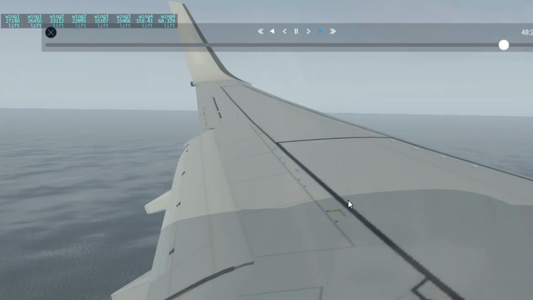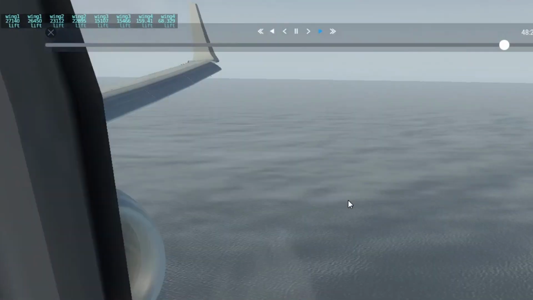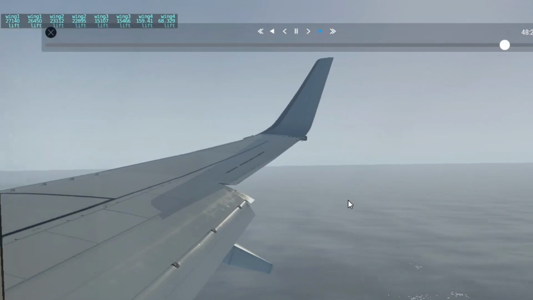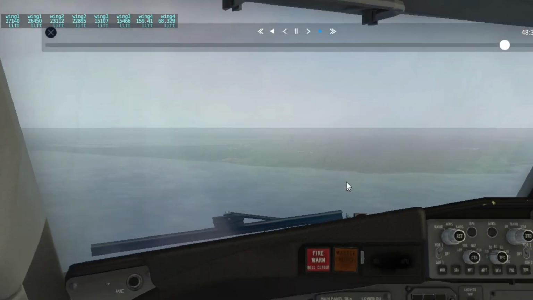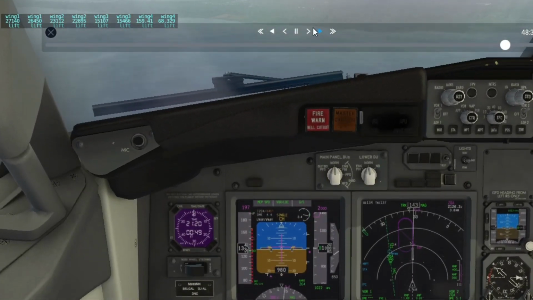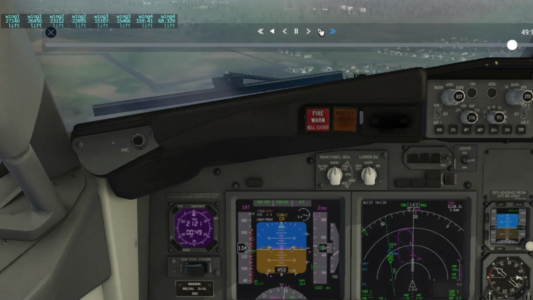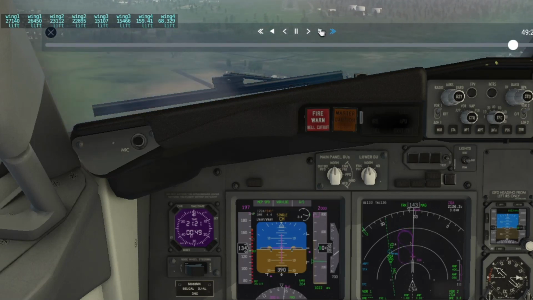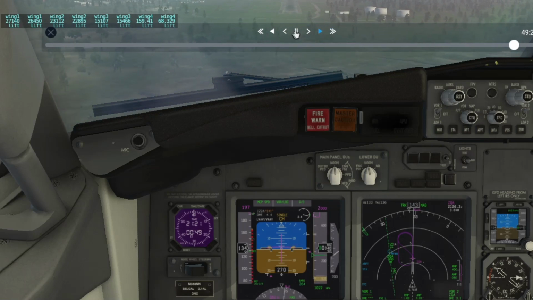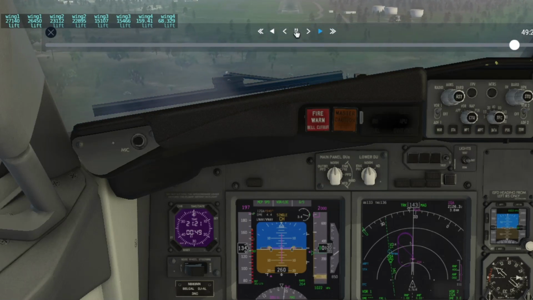So I was coming in, ready to land. 1,000. Glide slope. Yeah. Okay, let's take it all the way until we reach 500. 400. 300.